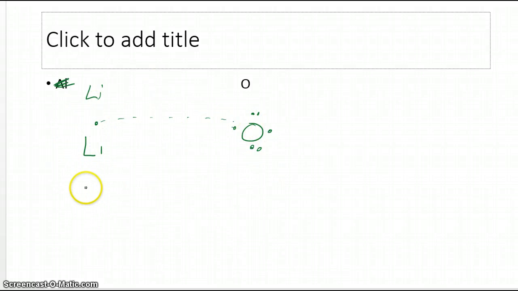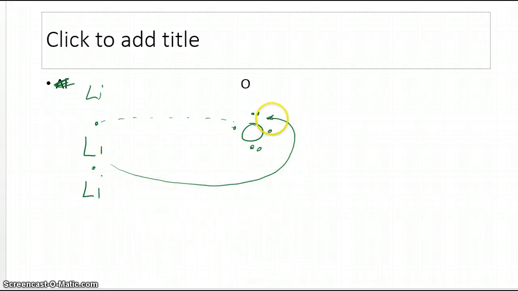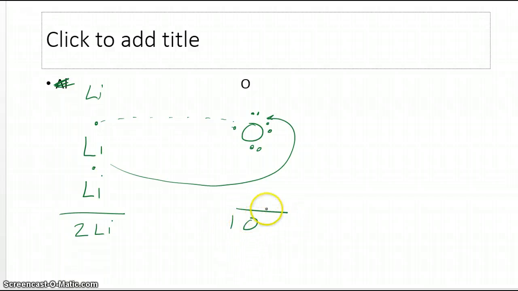So if we add another lithium, and we can do that, that has 1 extra electron, that lithium can transfer its electron to the oxygen. So now we have 2 lithiums and we have 1 oxygen, because they're now bonded together to look like something like this here.